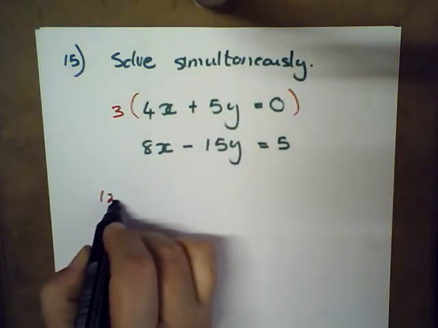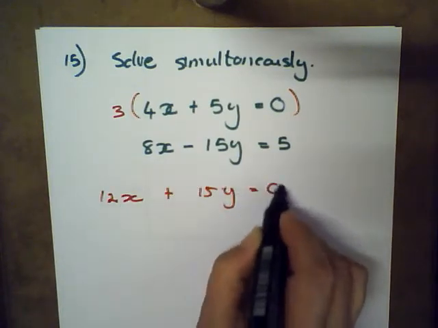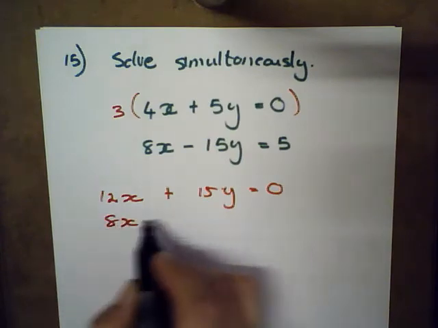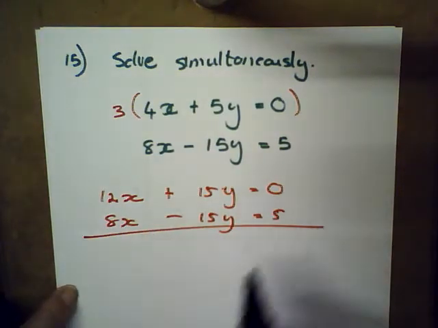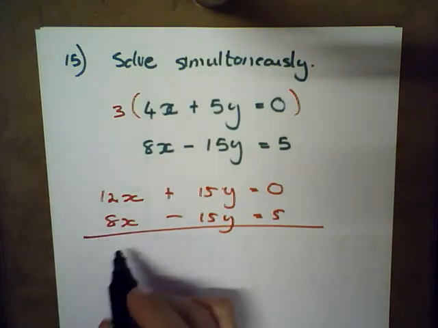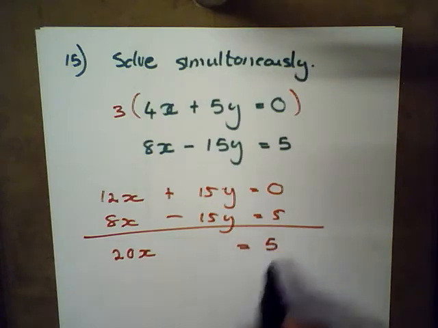So that would give me 12x plus 15y equals 0, and 8x minus 15y equals 5. I add those two expressions together. That would give me 20x equals 5. So x would be 1/4.